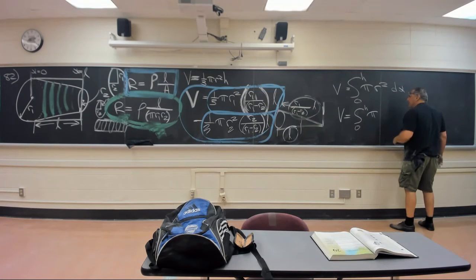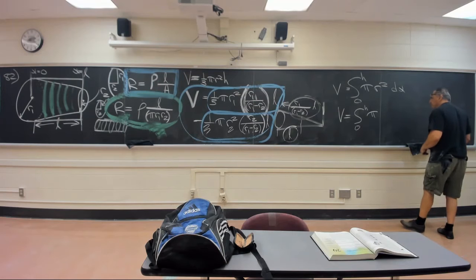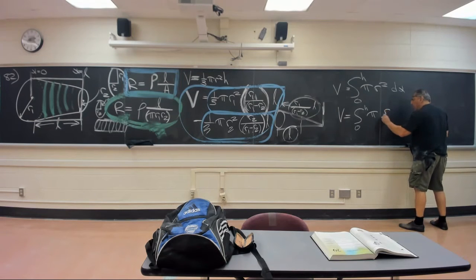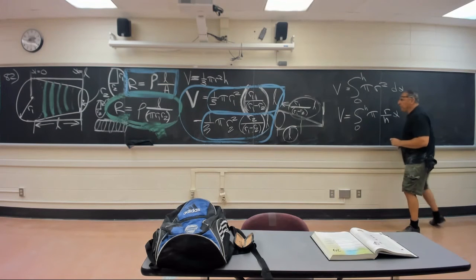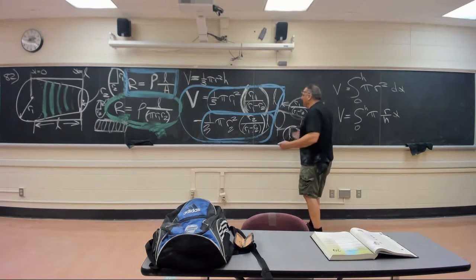of pi. We said r over h times x. That's your radius as x changes. From 0, no radius. The cone is at a point, at a tip. I erased it, unfortunately.